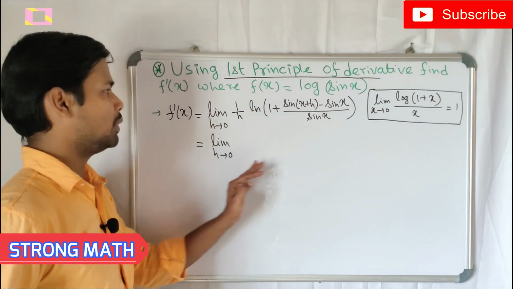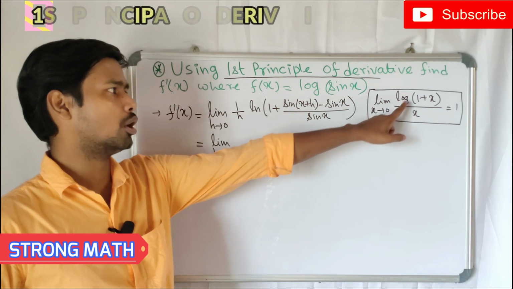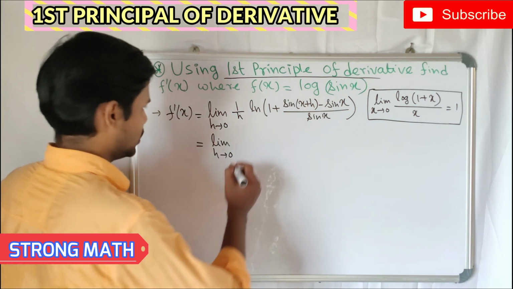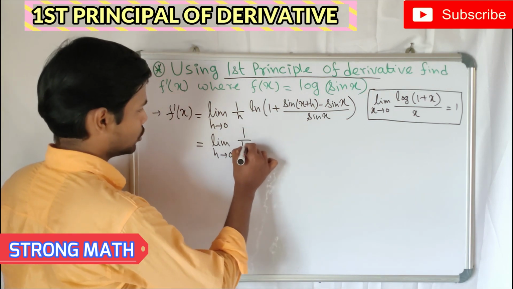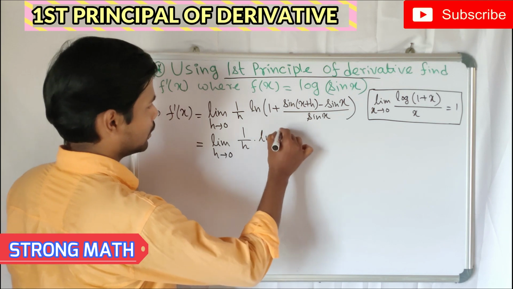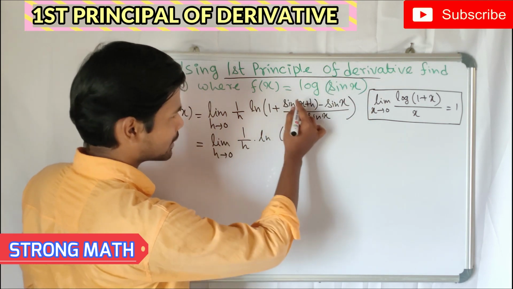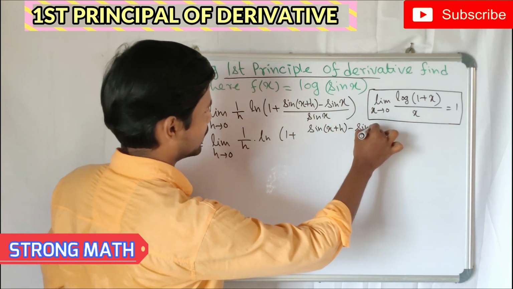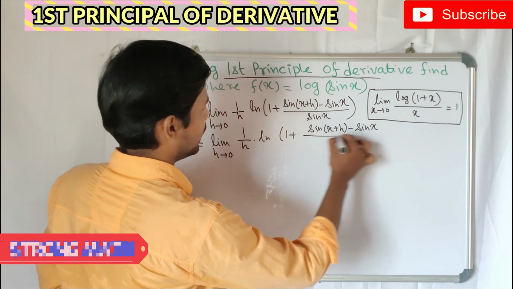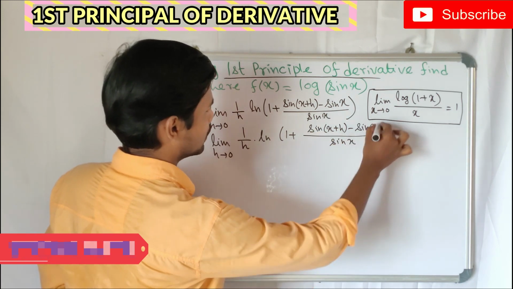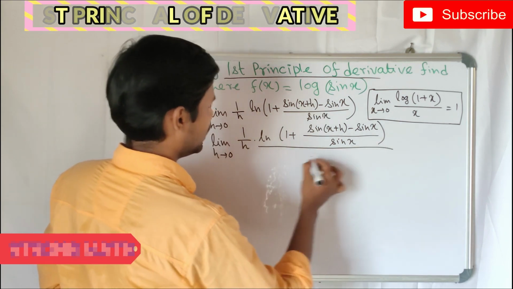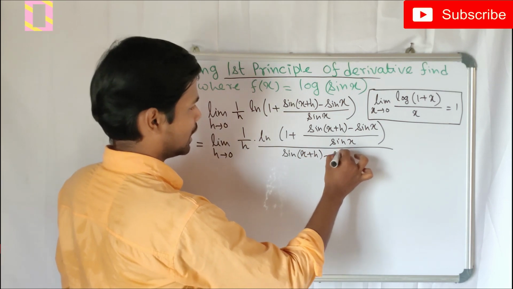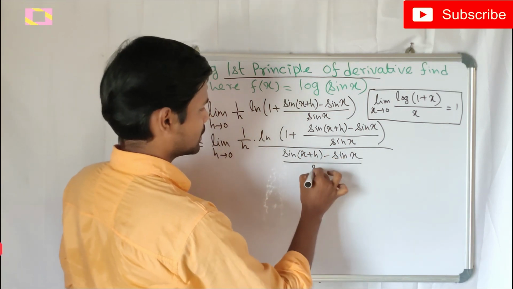So to make this limit in the form of limit x tends to 0 of log of 1 plus x by x equals 1, let's adjust: limit h tends to 0 of 1 upon h ln of 1 plus, this is our x, sin(x+h) minus sin x divided by sin x, whole divided by this one, sin(x+h) minus sin x divided by sin x.